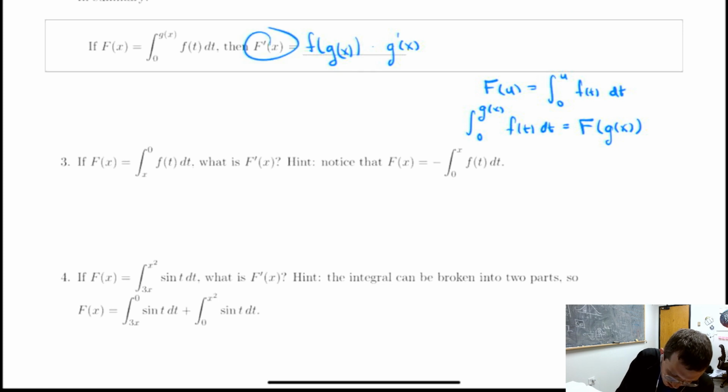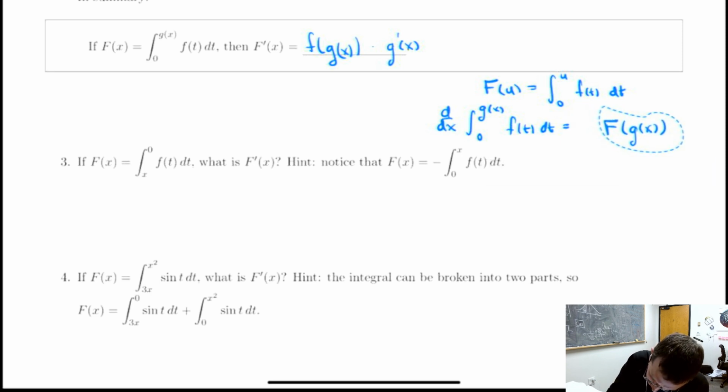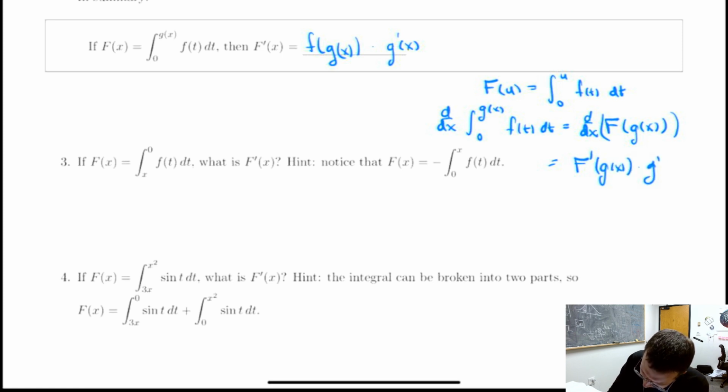And I'm supposed to think about the derivative of this thing. So if I differentiate, the chain rule says this is capital F prime of g of x times g prime of x.